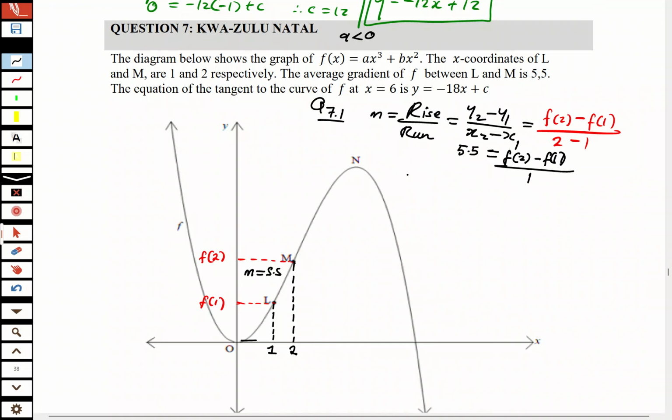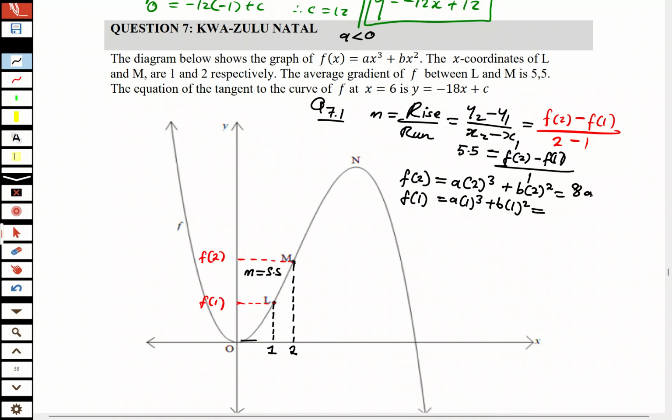So I'm just going to say, okay, at f equal to 2, you are replacing everywhere there is x with 2. You'll have a into 2 and then cubed plus b into 2 and then squared. Also evaluate at x equal to 1. You'll have a into 1 cubed plus b into 1 squared.